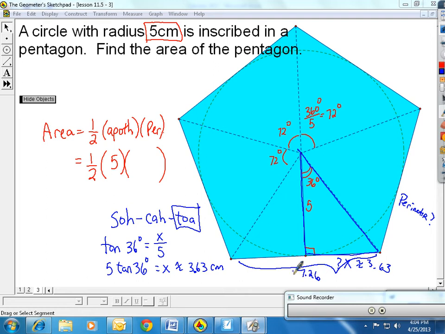And then I'm going to multiply that number by 5 to get my perimeter, because each side is 7.26. So multiply that by 5 and I get 36.33 as the approximate perimeter.